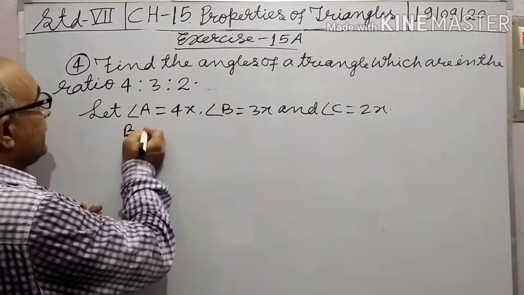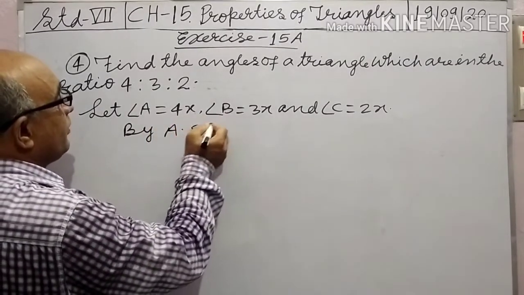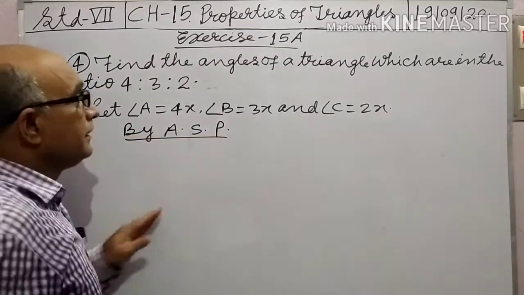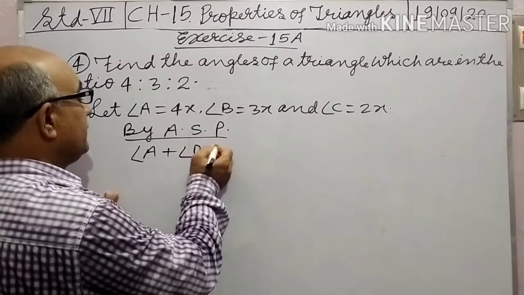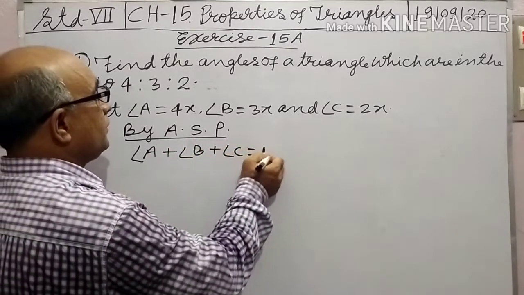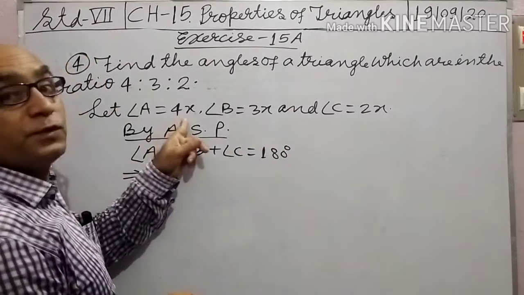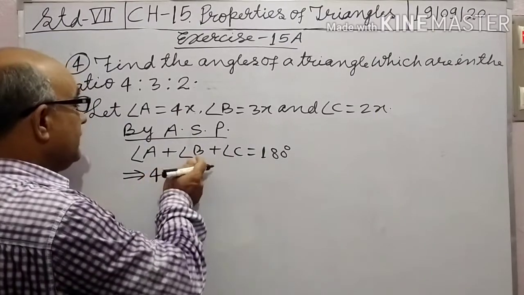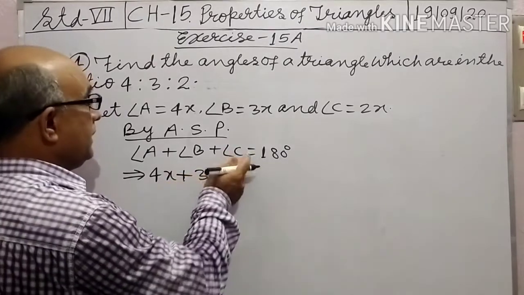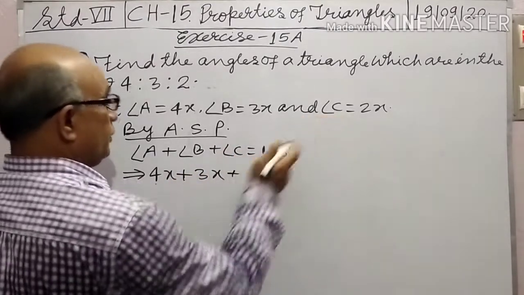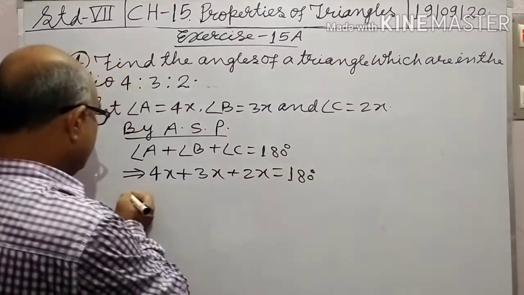So by angle sum property, ASP, angle A plus angle B plus angle C equal to 180 degrees.